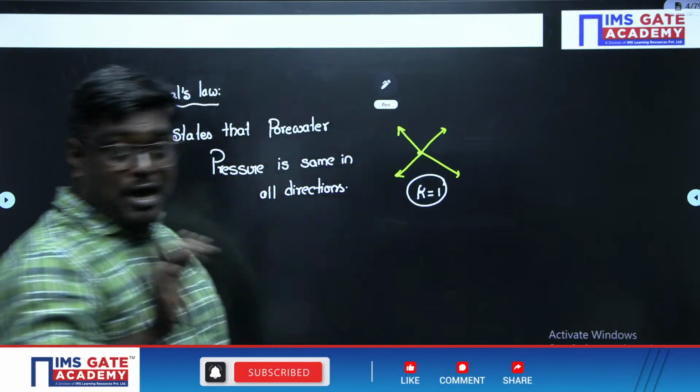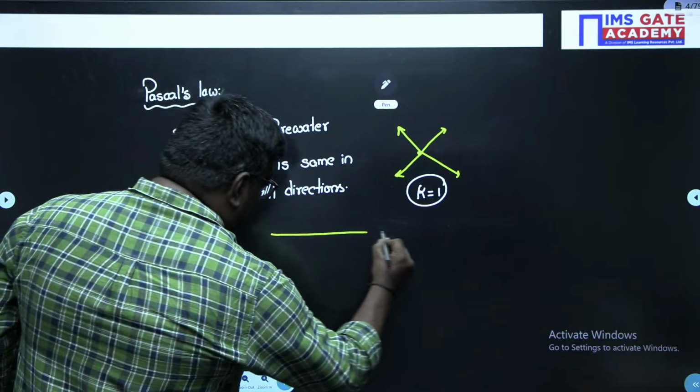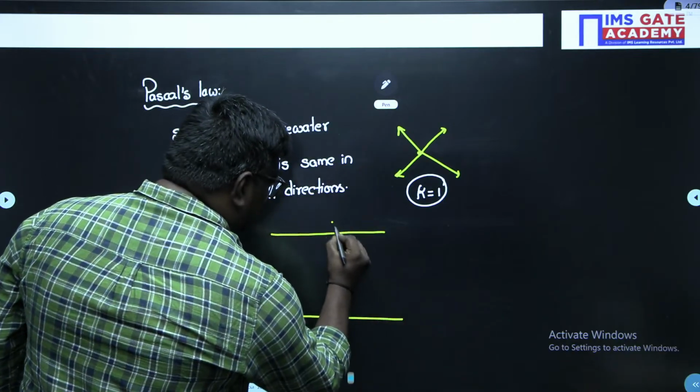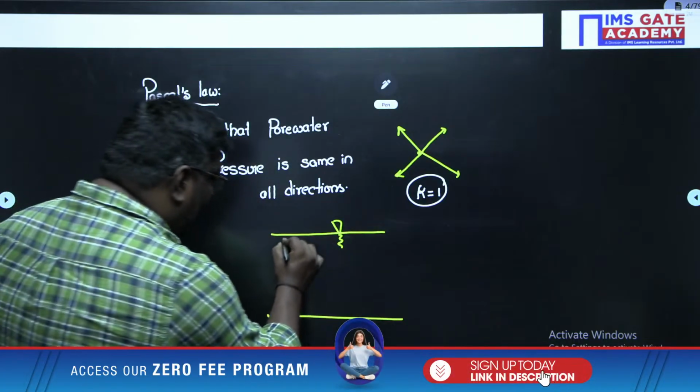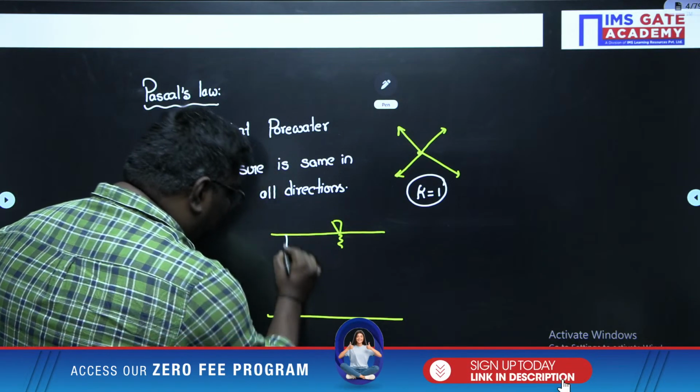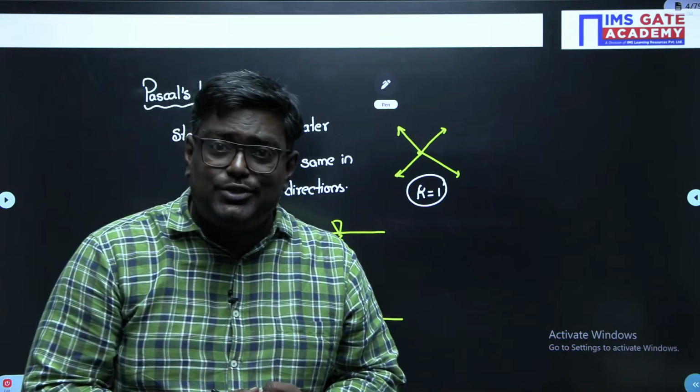Now, the question arises: suppose we have a water table here, and this is the depth of the soil, Z. What is the condition of the soil here?